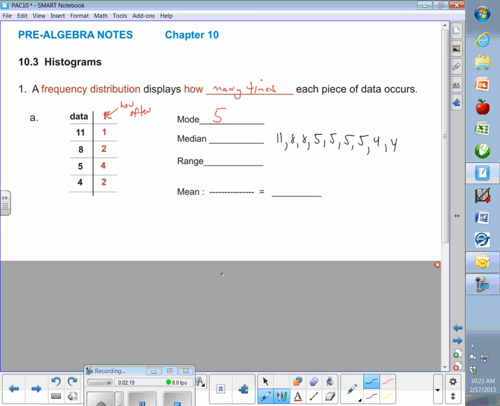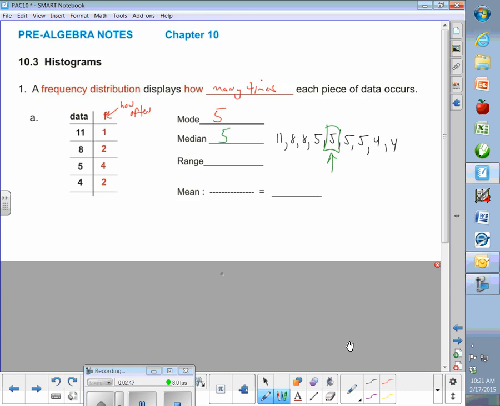Let's figure out how many pieces of data we have: 1, 2, 3, 4, 5, 6, 7, 8, 9 pieces of data. So where would you find the median if there are 9 pieces of data? Hopefully you're thinking median and middle: 1, 2, 3, 4, that 5th piece of data. That 5 right there is the median. And so the mode is 5.